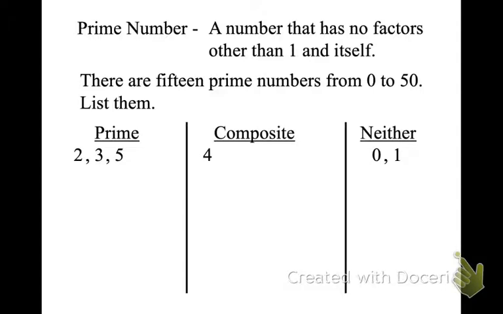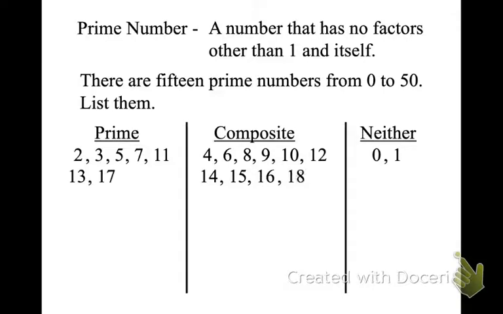5 is prime, 6 is composite, 7 is prime, 8 is composite, 9 is composite. Remember 1, 3, and 9. 10 is composite, 11 is prime, 12 is composite, 13 prime, 14 composite, 15 composite, 16 composite, 17 prime, 18 composite, 19 prime, 20 composite, 21, 22, 23 is prime, 24 is composite, 25 is composite, 26 is composite.